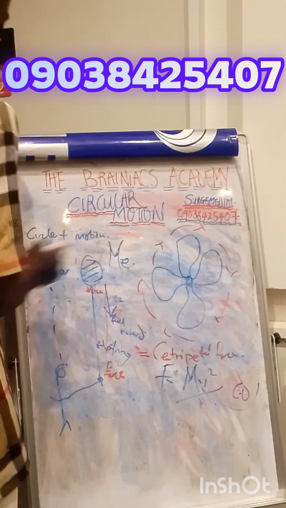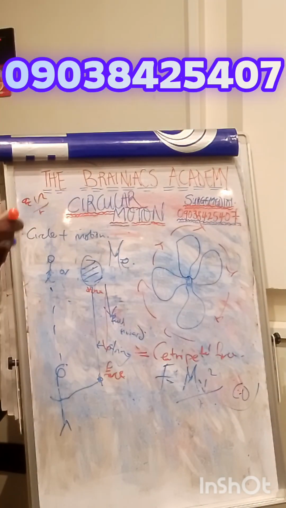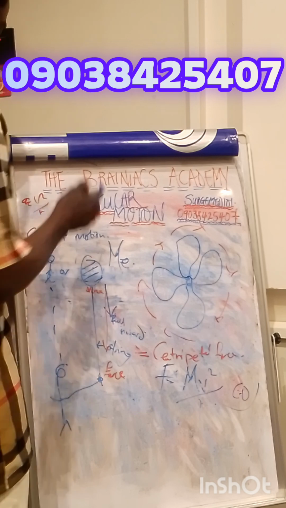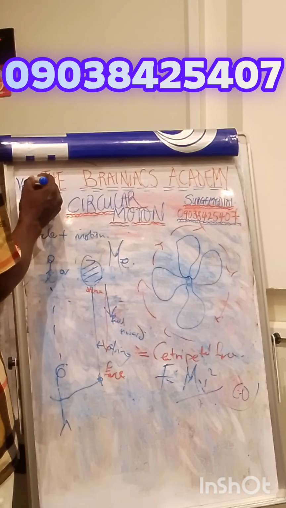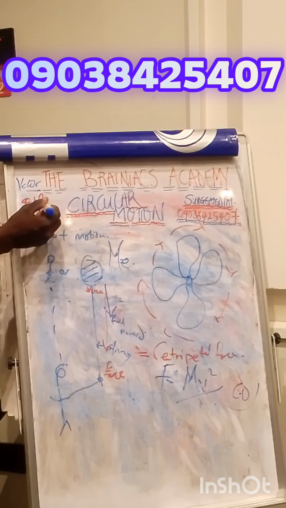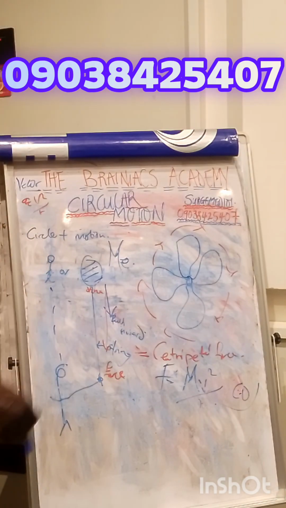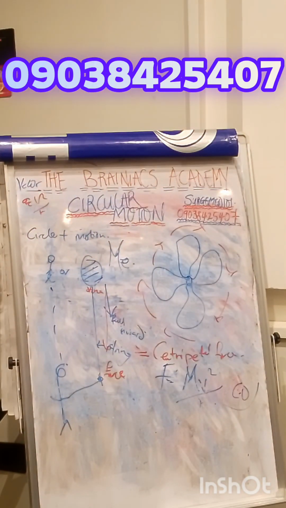Acceleration is given as v square over r. You should know your v is given as angular velocity times r, which can be substituted into wr again, and then you square. So very simple. Are you with me? Okay.